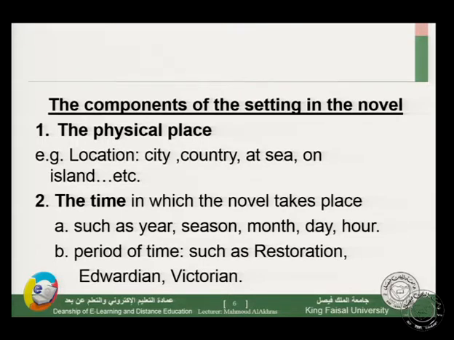Period of time, so we have the length of time, such as restoration. So we have a period of time that indicates an age, for example, such as the age of restoration, Edwardian, Victorian. We call these periods, as we said before, the length of time of this period is very important in the novels.